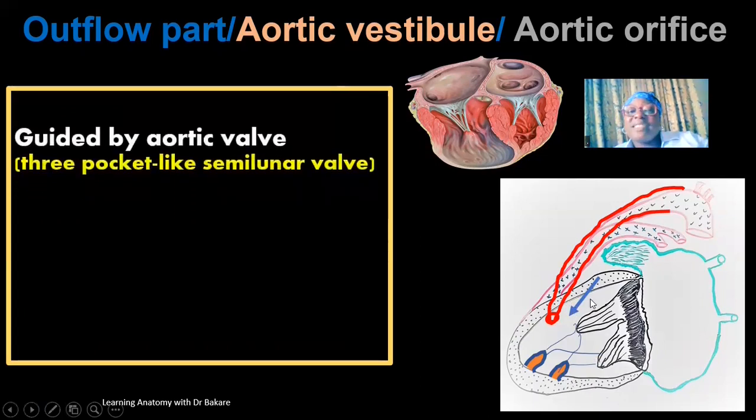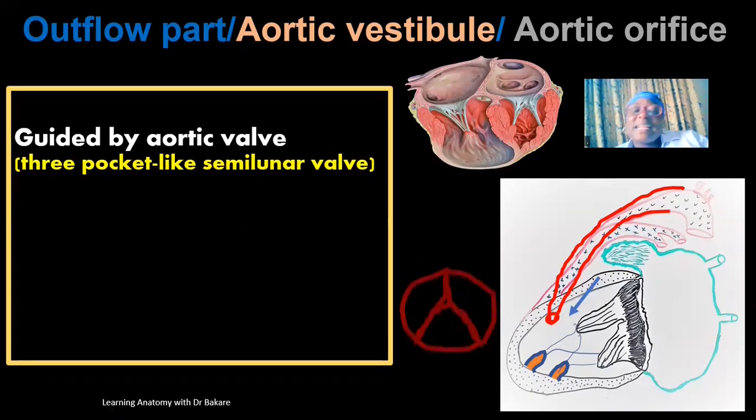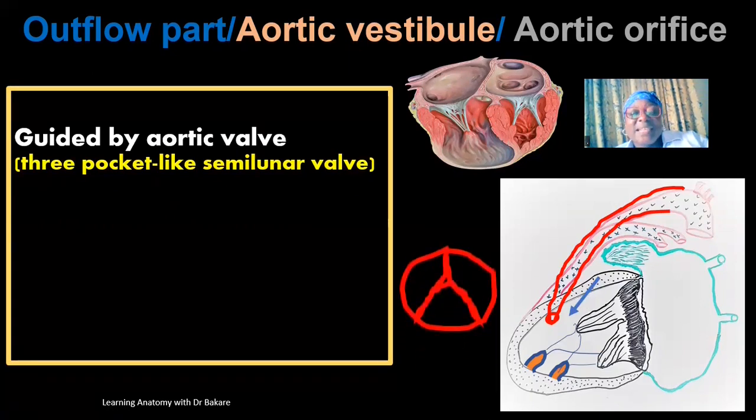The outflow region is guarded by the aortic valve. The aortic valve is a three-pocket-like or semilunar valve. And this is the kind of configuration that it presents. You can see that it presents a three-pocket-like structure seen at the emergence of the aorta. This is the aorta here through which oxygenated blood is pushed to feed the different body organs.